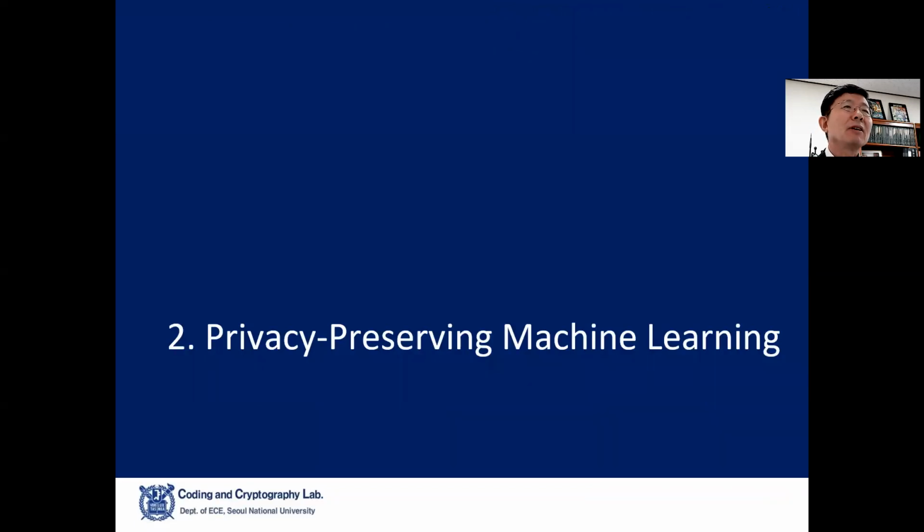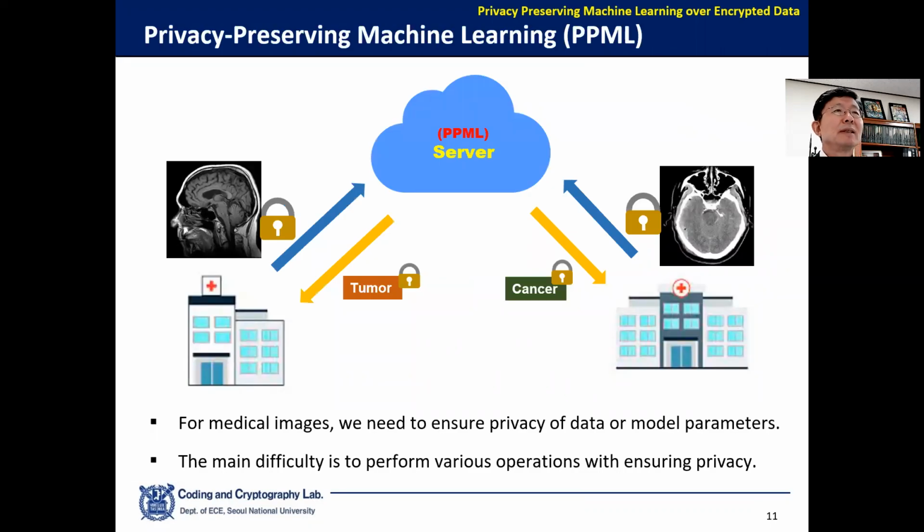The second topic of my talk is what is privacy-preserving machine learning? Many hospitals have medical images, and they want to analyze those images, but they don't have enough computational power, so they encrypt the medical image and then send it to the PPML server. Then the server analyzes the medical image by using PPML.